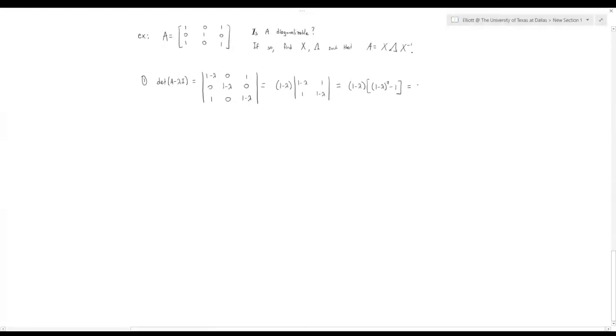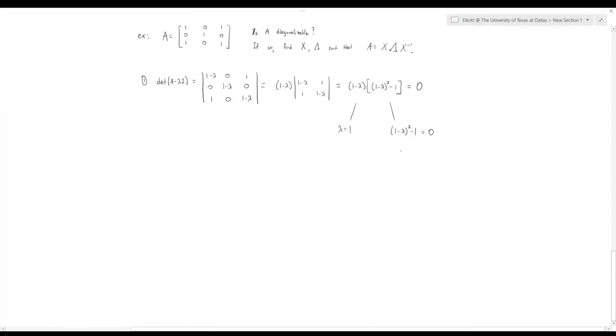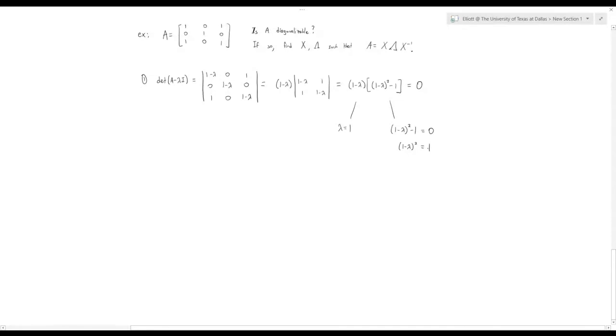And then let's set that equal to 0 now to find the eigenvalues. Okay, so one possibility is that lambda equals 1, so that's one of the roots. The other possibility is for everything here to equal 0 instead. So let me move the 1 over, and then let me square root both sides. There's two possibilities.